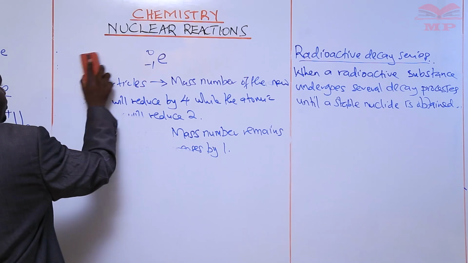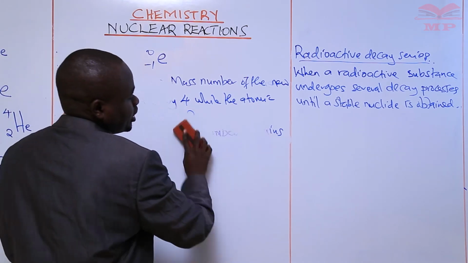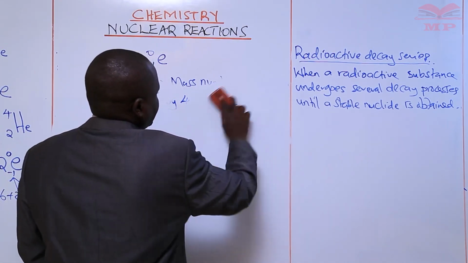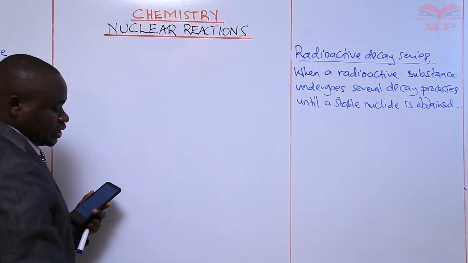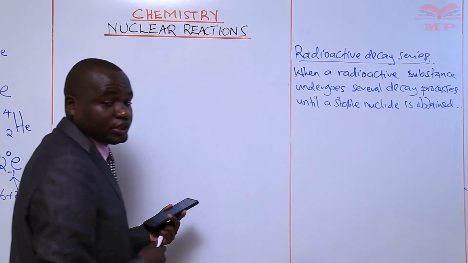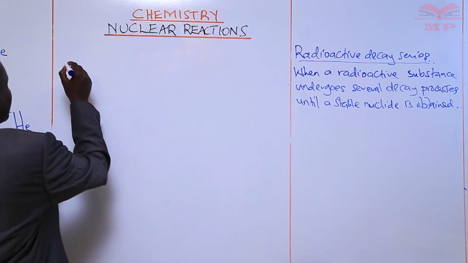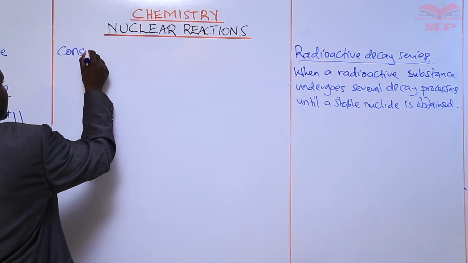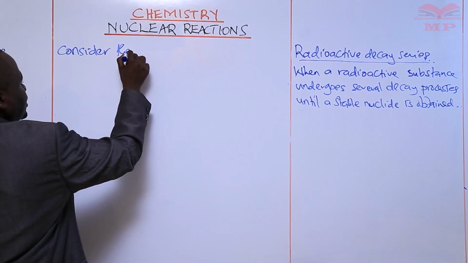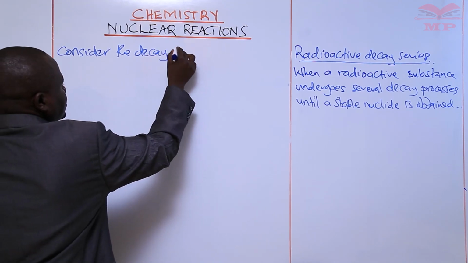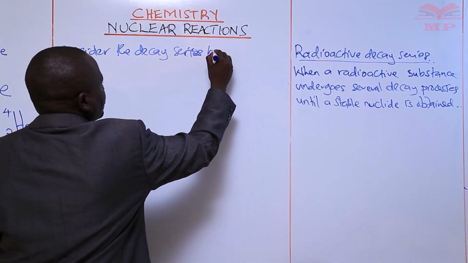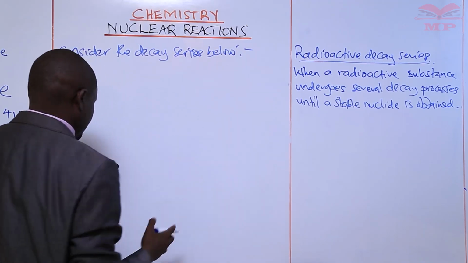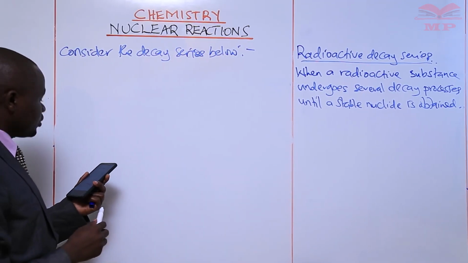So I want us to consider this radioactive decay series here. We want to consider this so that we are able to identify the particles which are emitted in every step. So consider the decay series below.